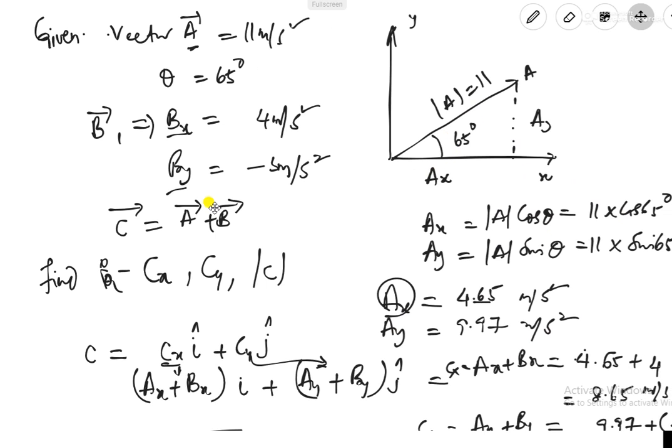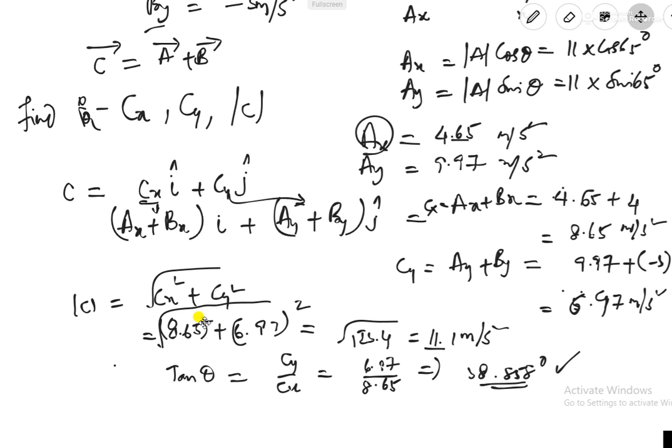And he has given Bx and By in the question. When Ax, Ay, Bx, By are known, the result will be C equal to Cx i plus Cy j, where Cx is Ax plus Bx and Cy is Ay plus By. From here we will find the resultant and also the angle. This is how it is done.